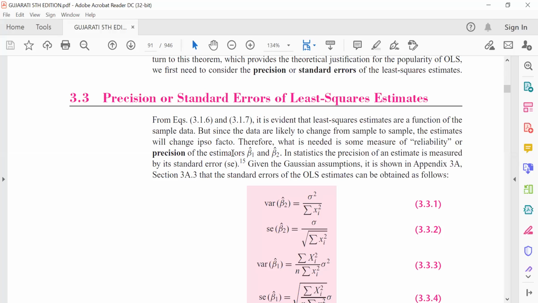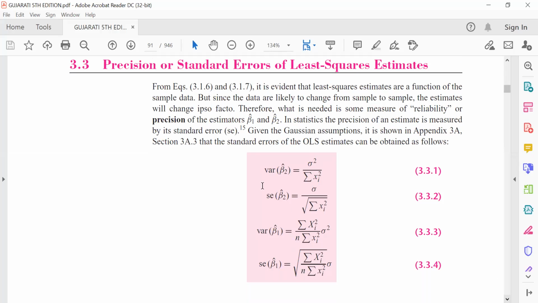Okay, this one is the standard error of the least squares estimate. The variance of beta 2 is sigma squared over the sum of xi squared. This is the standard error.